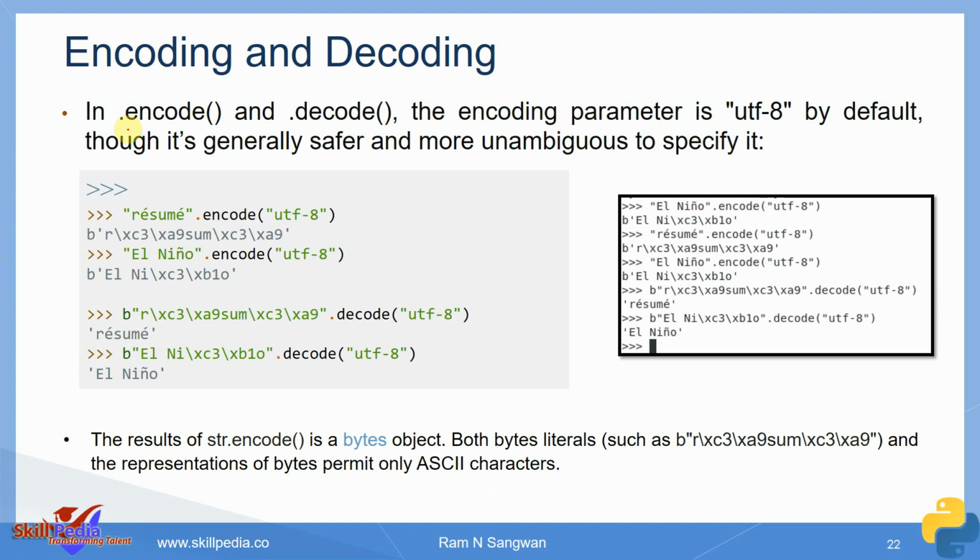In encode and decode, the encoding parameter is UTF-8 by default, though it is generally safer and more unambiguous to specify it. For example, resume, encode it to UTF-8 and you will get this answer. This is the UTF-8 representation of this.